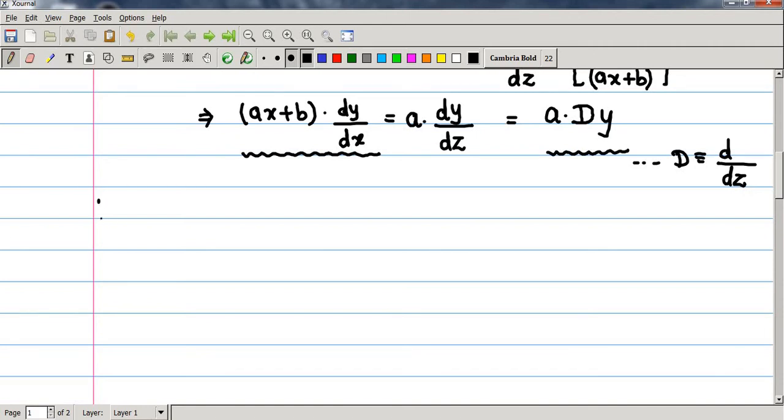So similarly, we can generalize for the second order derivative term as well. We can consider the second order derivative of y with respect to x.